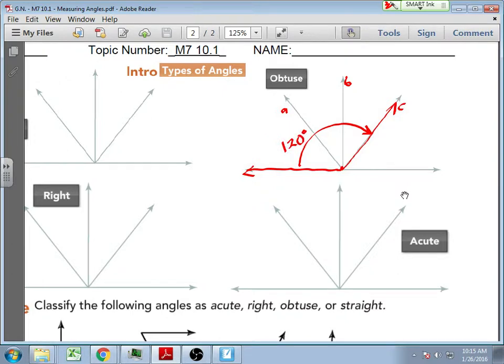I mean, you can put your protractor on top of it and measure and find out. 125. Yep, it is 125. Well, I'll correct it then. Now, changing colors. If I start here and go this direction, I would want to follow A. But now this is the 125 degrees. So we can draw two different obtuse angles there, depending on what ray we start on.